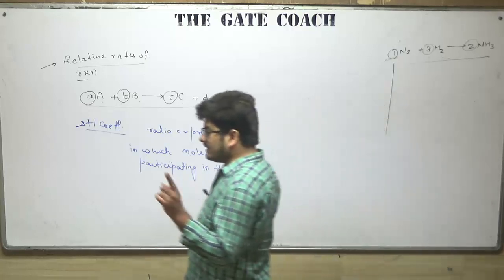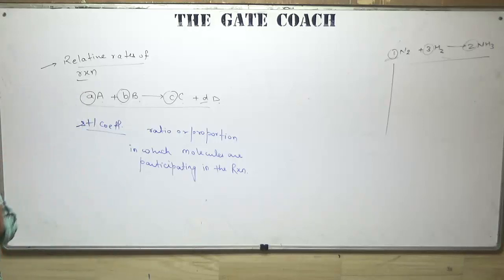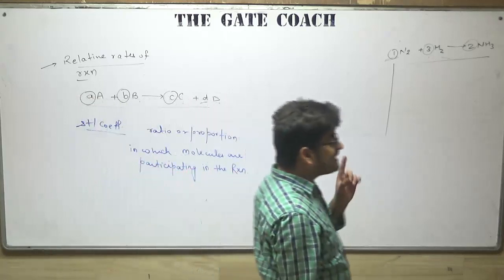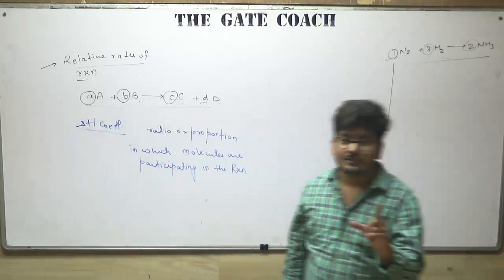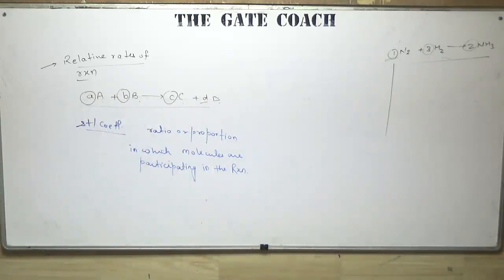A stoichiometric coefficient never indicates the amount. Remember this. A stoichiometric coefficient just indicates the ratio, the proportion in which components are participating in the reaction.